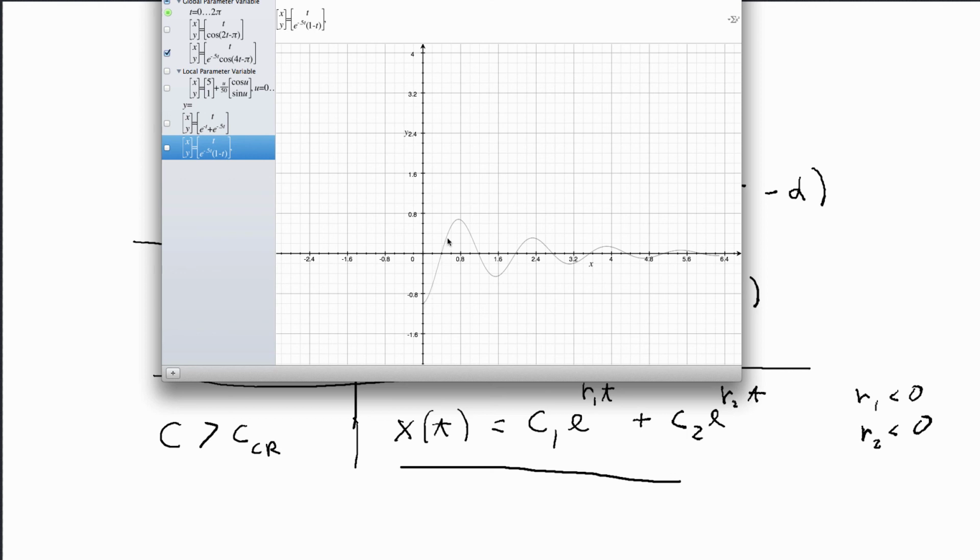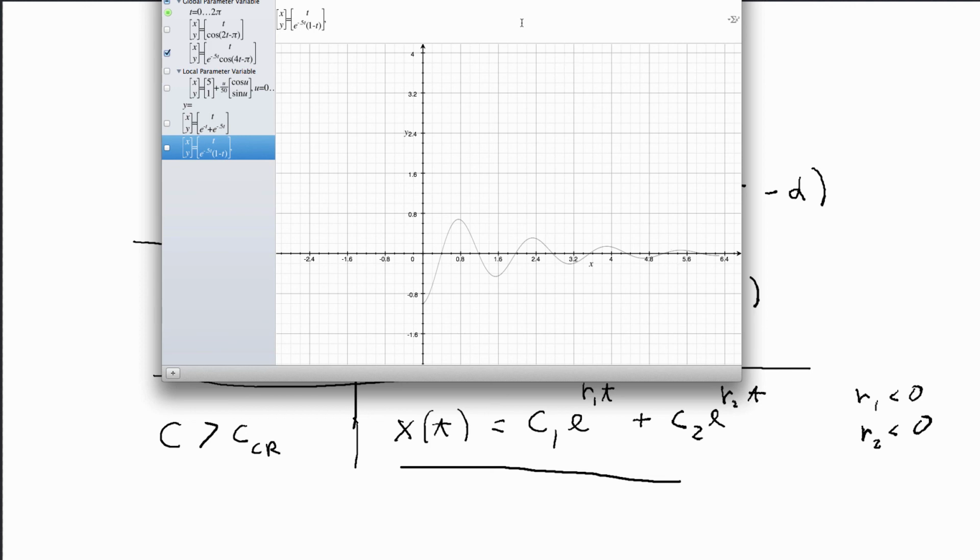X comes back, goes past the equilibrium, comes back, past the equilibrium, bam, bam, bam, bam, and it just oscillates like this. So as t goes to infinity, the object does eventually come to rest at the equilibrium, but it swings back and forth an infinite number of times.